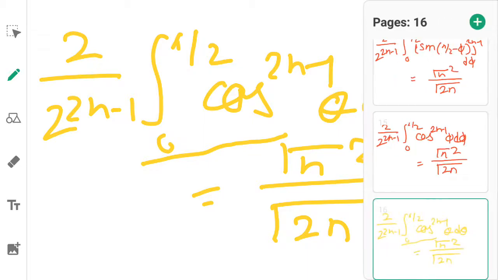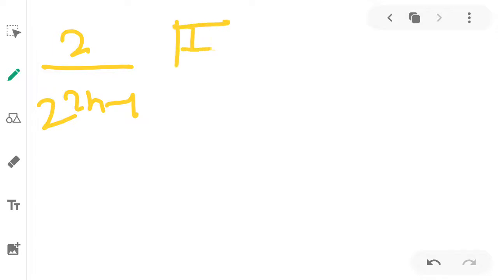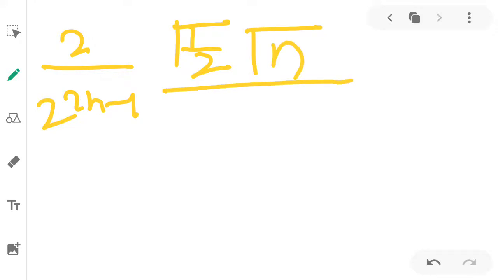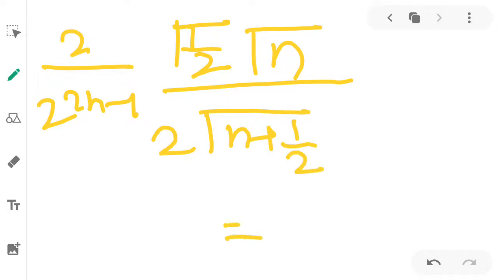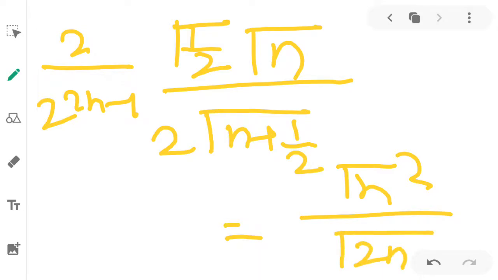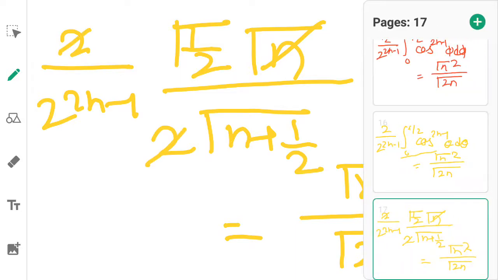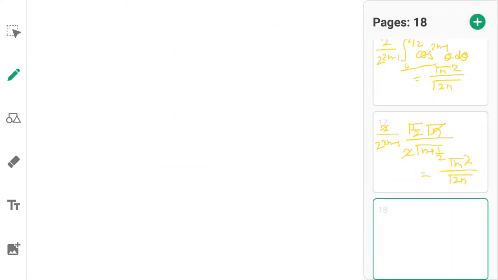In this we get 2 upon 2 to the power 2n minus 1 times gamma n gamma half upon 2 times gamma n plus half, and this is equal to gamma n square upon gamma of 2n. So one gamma n cancels, 2 cancels. Now we will arrange the equation and get the required formula.